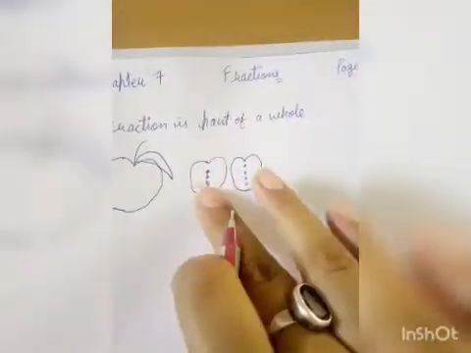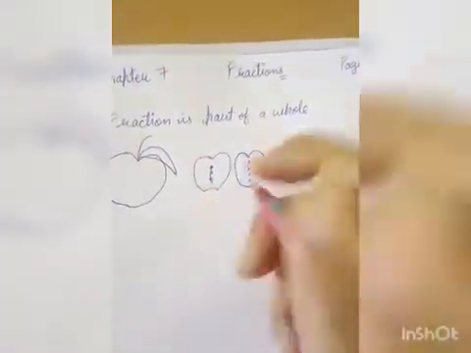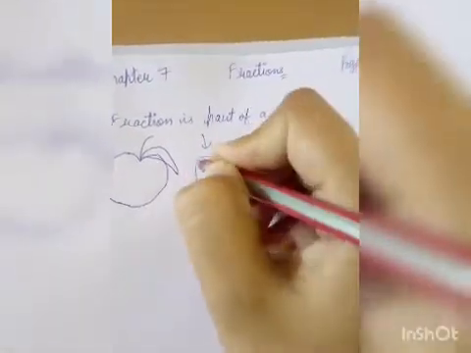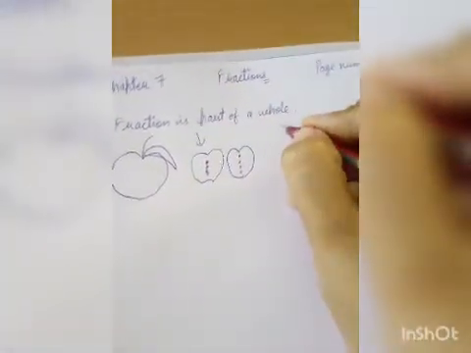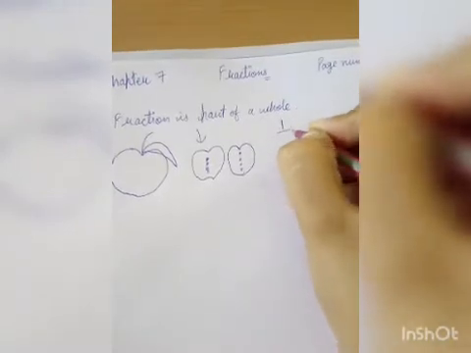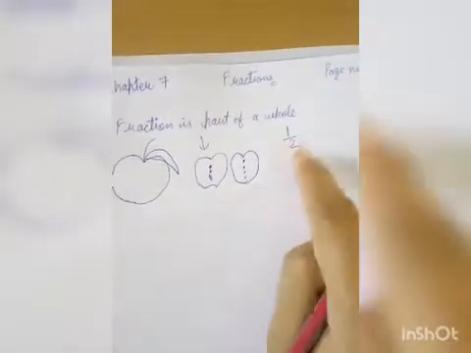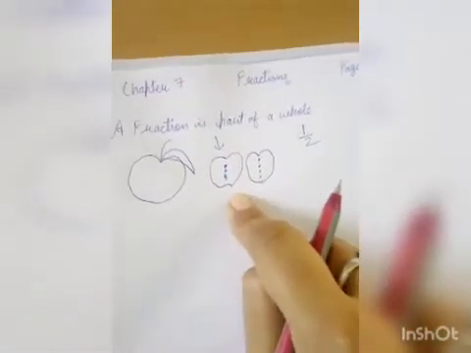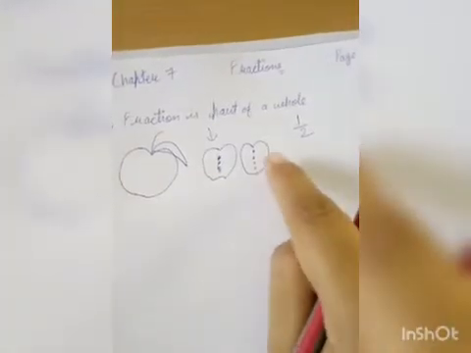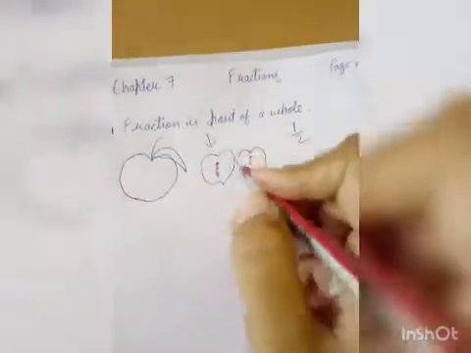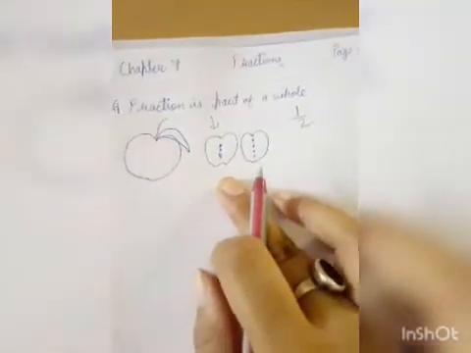Okay, so if I want to find the fraction of this part, I will write it like this: first part out of the two parts. I call it 1/2, meaning from two parts this is the first part, so I will write it half.